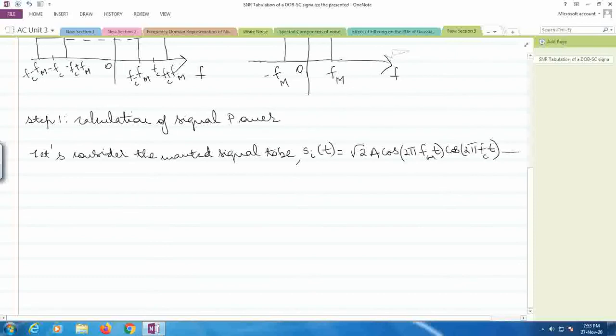So let this be equation 1. So this is our DSB SC signal.